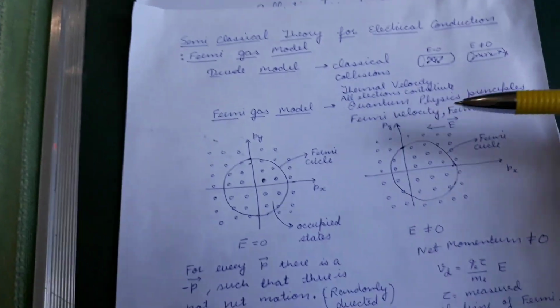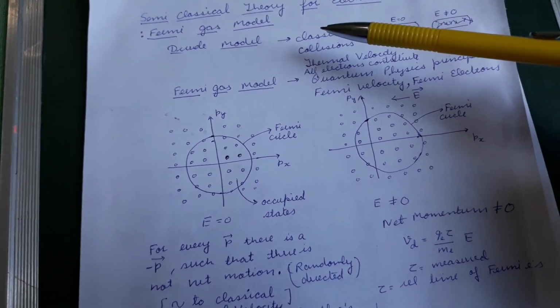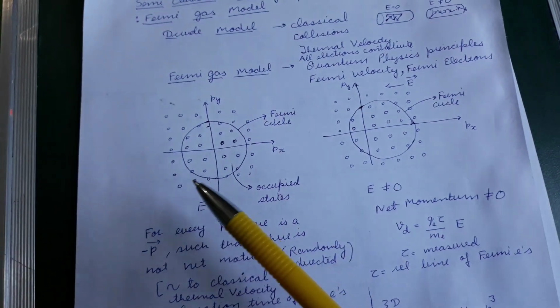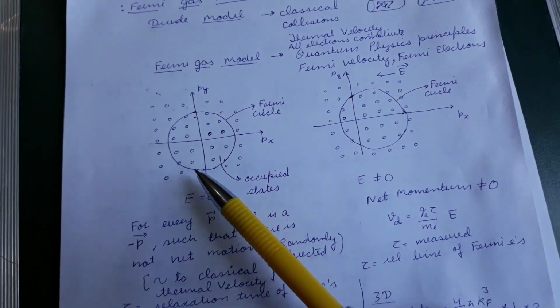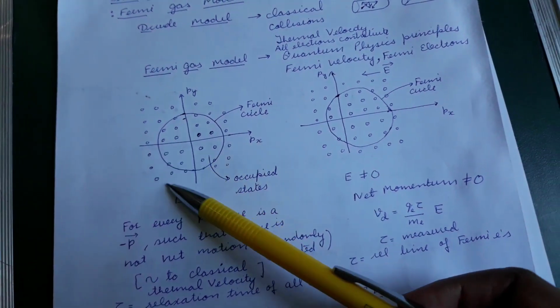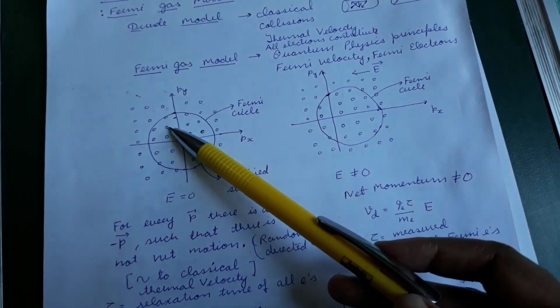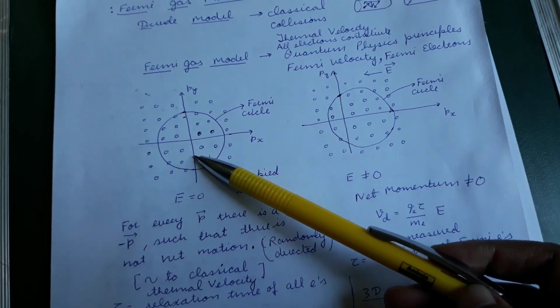So this we have already explained, the difference between Drude model and Fermi gas model. Now we have seen that if it is a quantum wire, then it will have this circle which will represent an equal energy contour in momentum space.